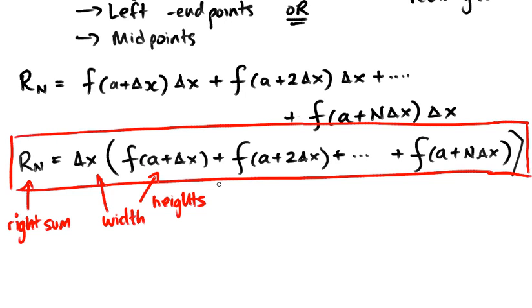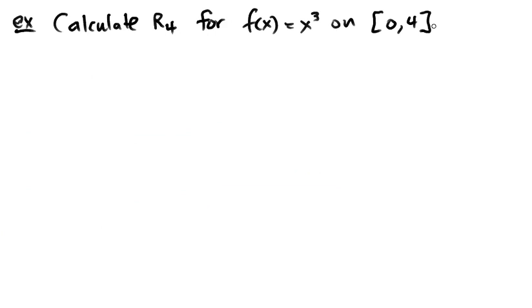Let's take a look at actually doing an example of this. So we're going to calculate the right sum of the area using 4 rectangles. That's what the 4 is going to indicate here. And we've got an a and a b value of 0 and 4, and a function of f of x equals x cubed.